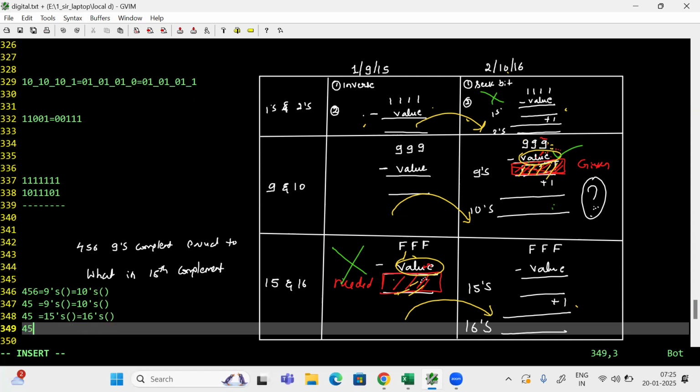The same 45. I need your 7s and 8s. Seventh complement means subtract by 7. 8 complement means subtract by 7 plus 1.